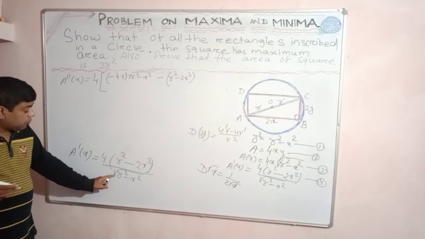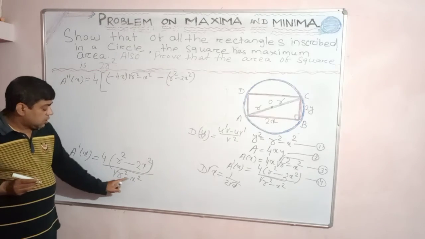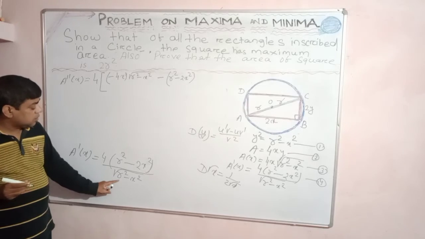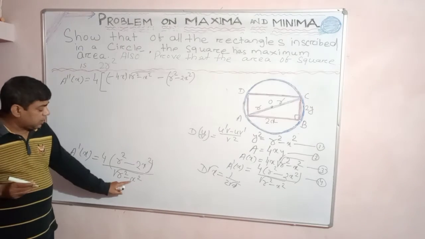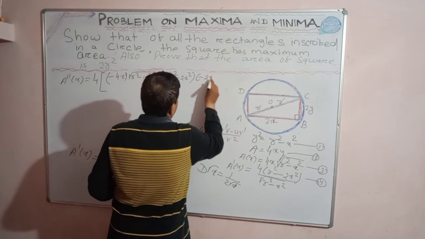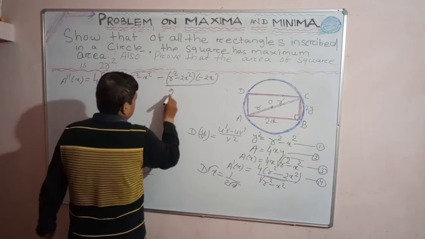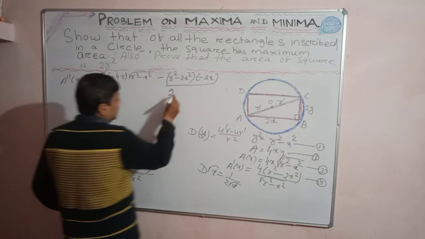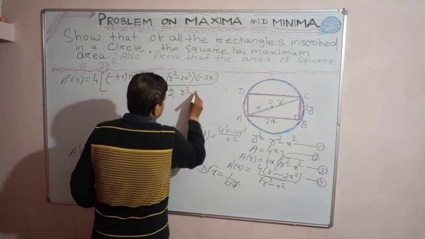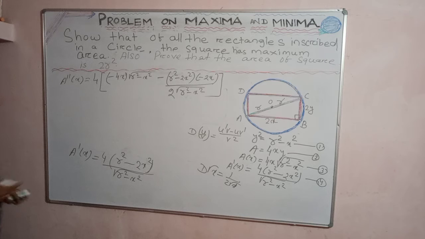First of all, you have to find the derivative of r square minus x square under the square root. The derivative of r square is 0, and the derivative of minus x square is minus 2x. Then the derivative of root x is 1 upon 2 into root x, where root x means here the square root of r square minus x square. Is it clear? It's okay.